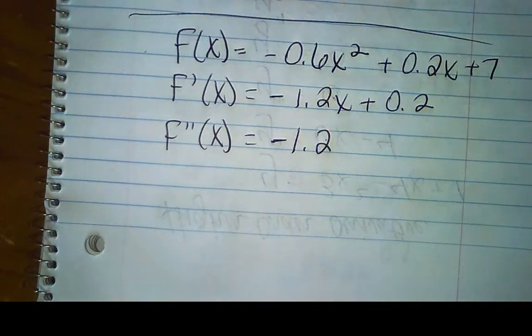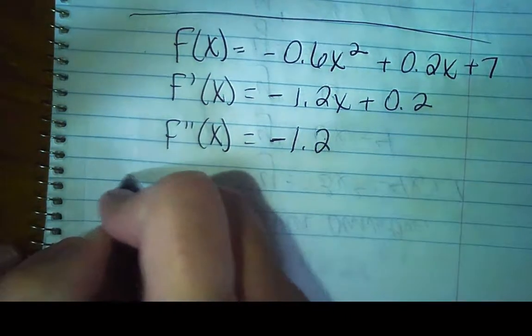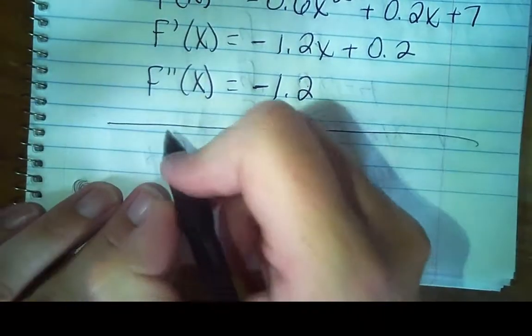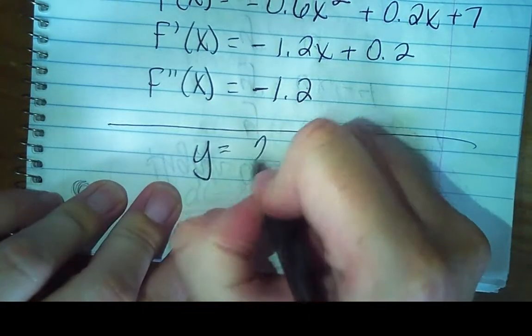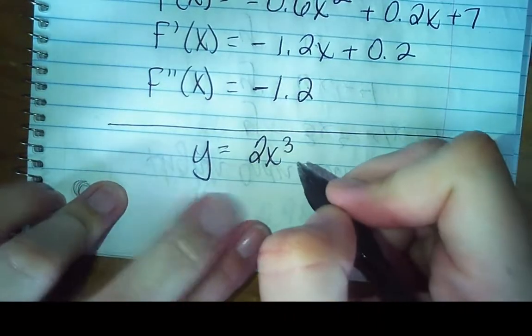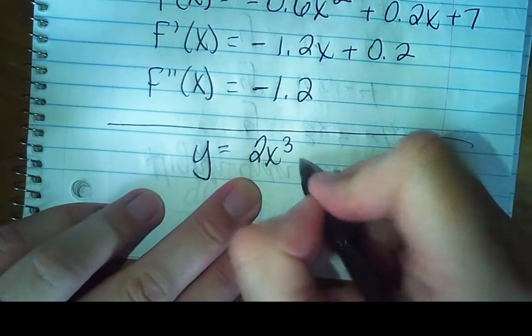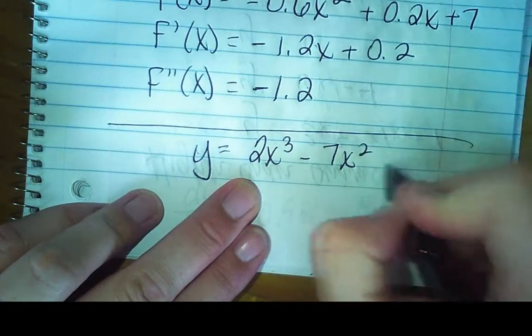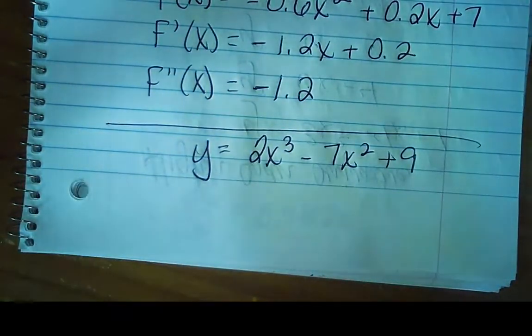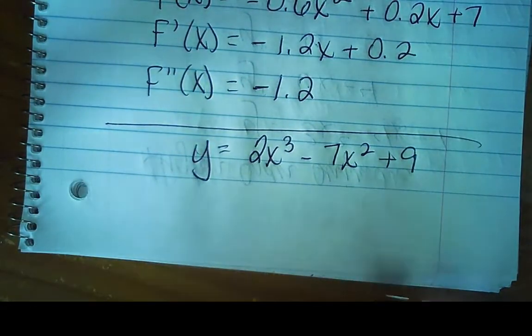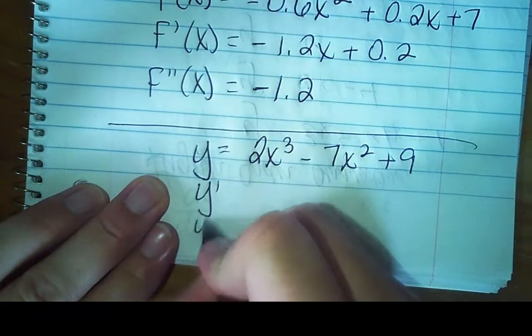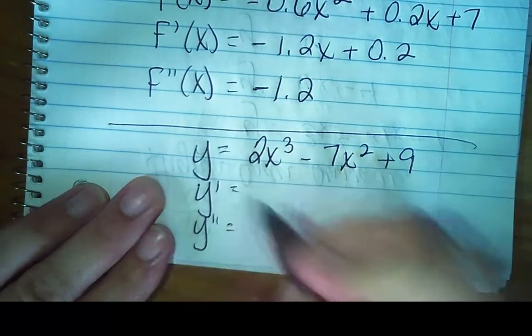All right, so let's try it again. We have y equals 2x to the third minus 7x squared plus 9. Okay, so my instructions are I want a first derivative and I want a second derivative.